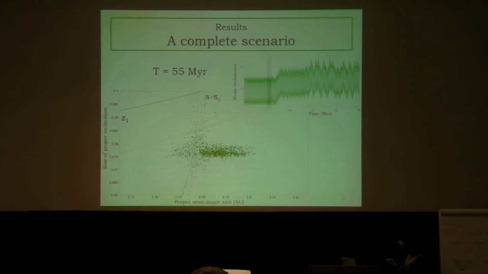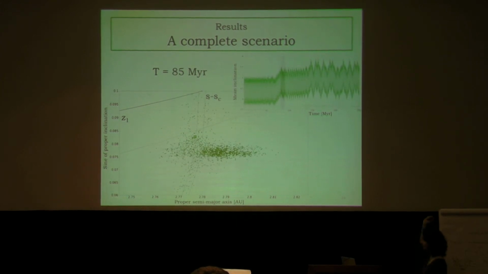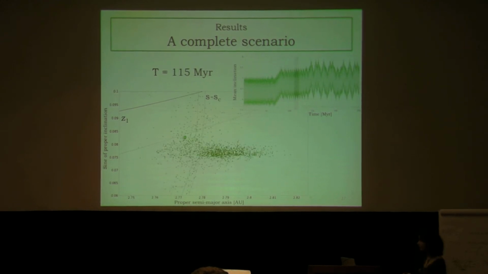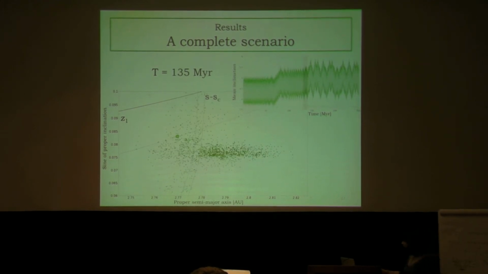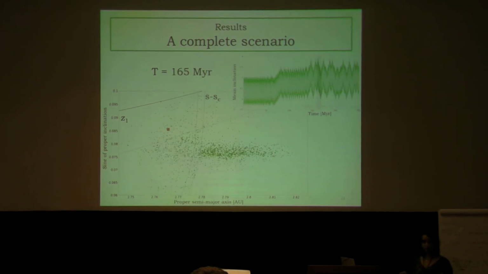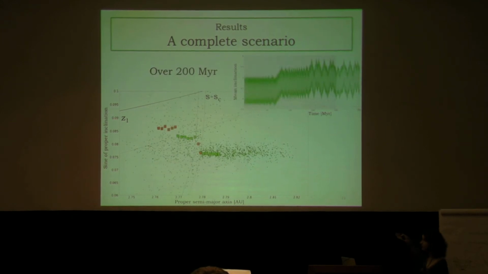But when it reaches the area where we located the secular resonance, its inclination is immediately jumping. And then the particle is pulled over this resonance by the Yarkovsky effect and reaches after that Z1, where it remains until the end of our 200 million years.